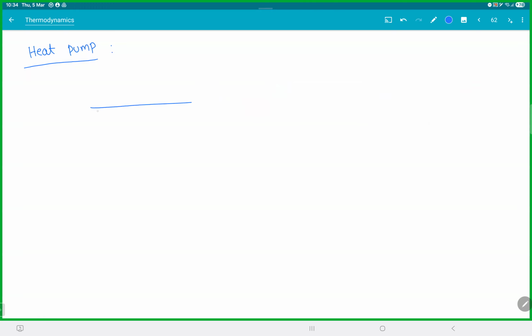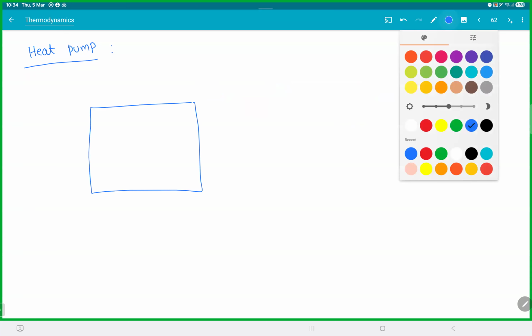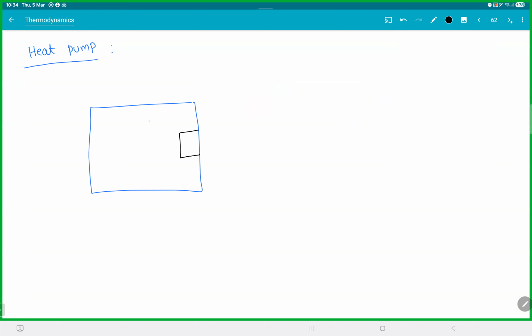Listen, what if you take the AC's outdoor unit and put it in the room and put the AC's indoor unit outside the house? Meaning you're trying to cool down the earth's atmosphere. What do you think will happen? If you put the AC's outdoor unit inside the room and you're keeping the AC's indoor unit outside the room, here the atmosphere, which is already cold, you're trying to cool down even more.